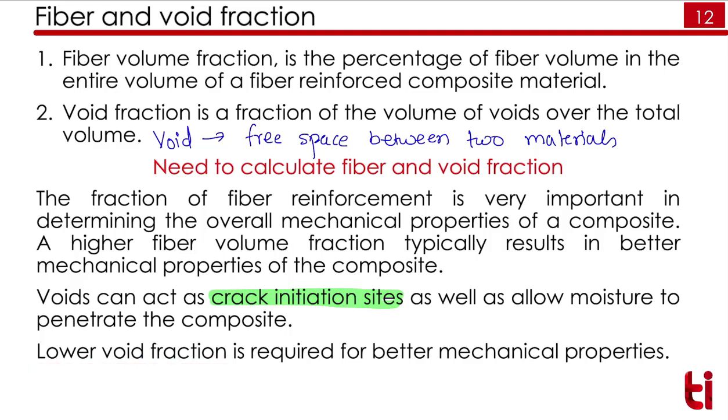Void fraction should be less, and we need a higher fiber fraction, obviously, because fiber fraction will define the mechanical properties of the composite. So void fraction should be lower and fiber fraction should be higher. In our laboratory experiment, we will measure these two only. We will measure the void fraction and the fiber fraction from the given specimen.